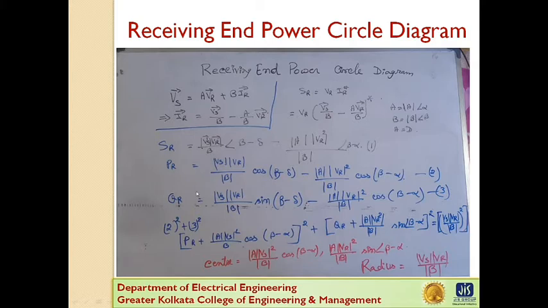Now PR is equals to Vs Vr by B cos of beta minus delta minus A VR square by B cos of beta minus alpha. And what is QR? Reactive power, Vs Vr by B sin beta minus delta, minus A VR square by B sin beta minus alpha.